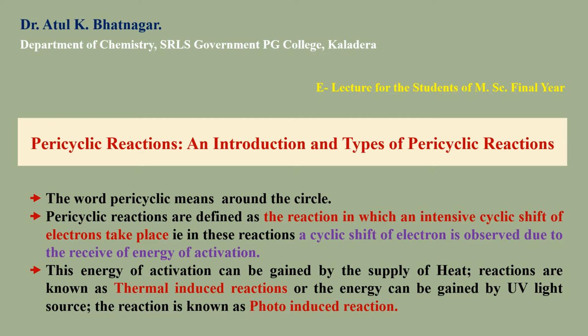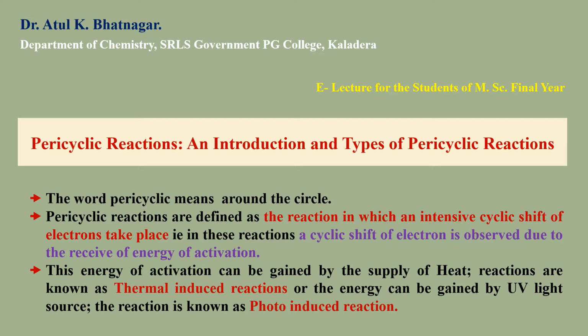Whether an open chain structure is converted into a closed cycle, or a closed structure is converted into an open structure, there shall be a movement of pi electrons within the molecule, or between two molecules, or even a group can be migrated.